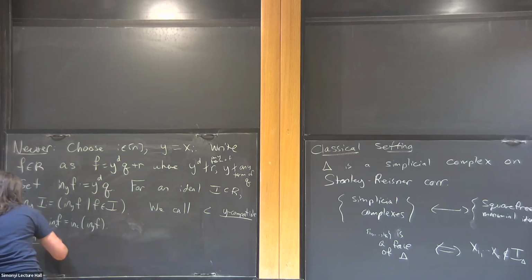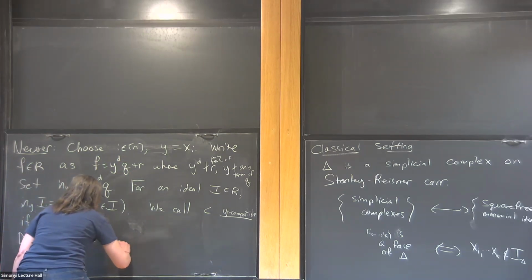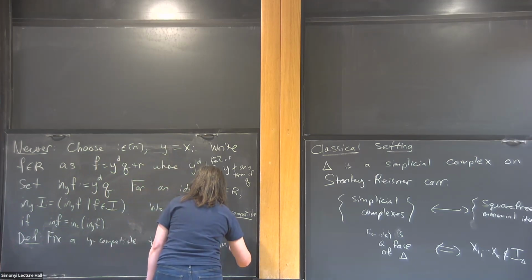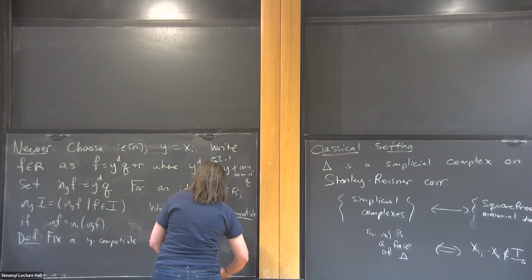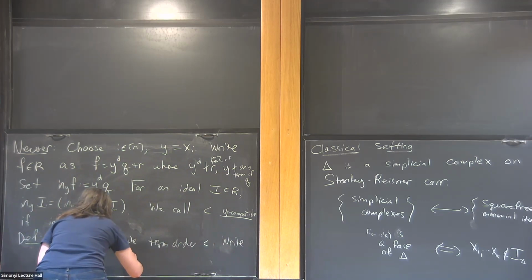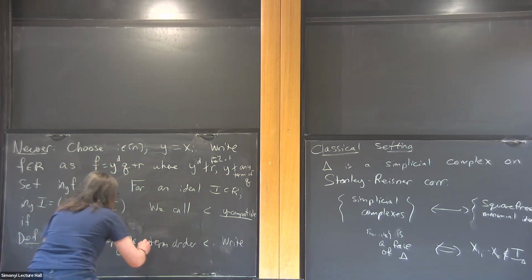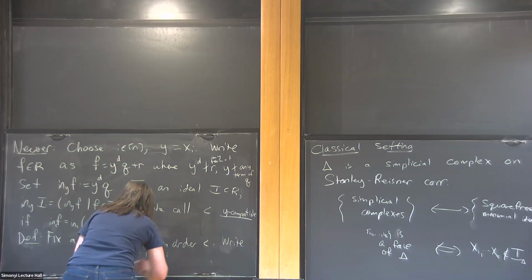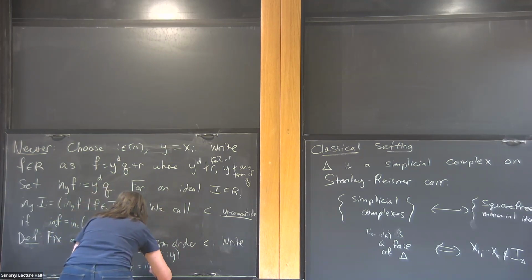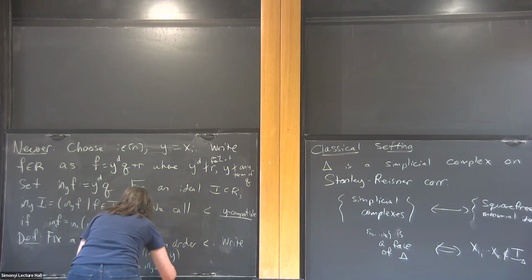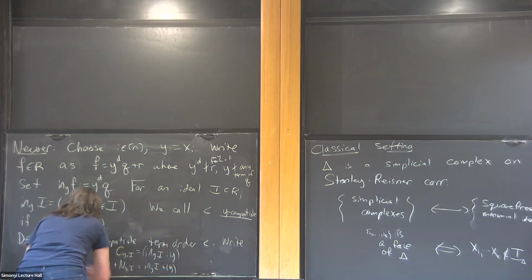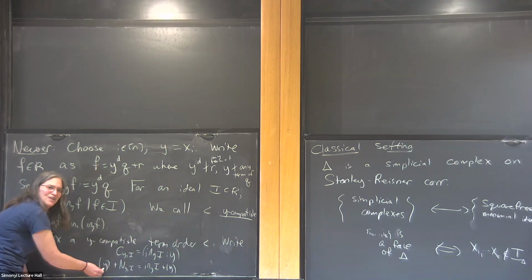Fix a y-compatible term order. C_y(I) is going to be in_y(I) colon y, and N_y(I) is going to be the ideal that doesn't involve any of the y's.